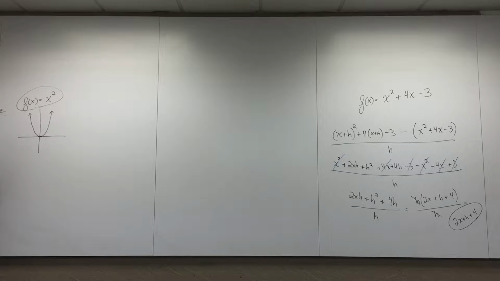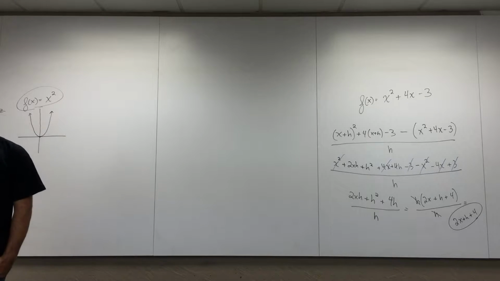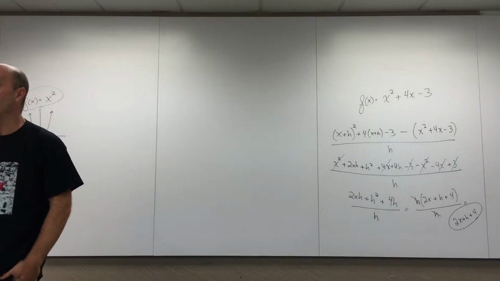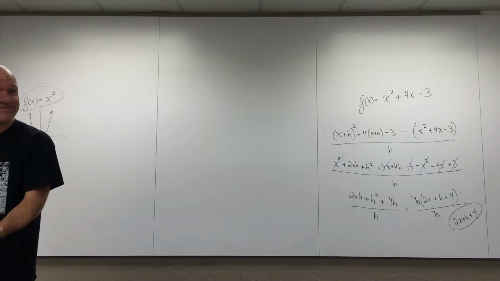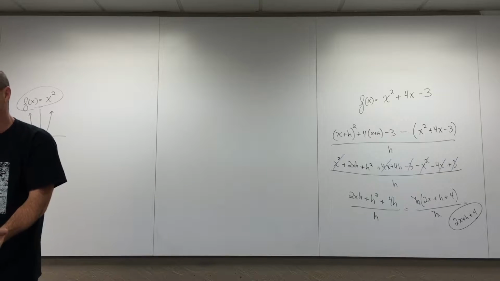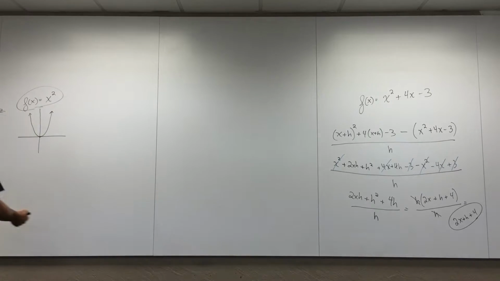And I think I said that the first day. If you make a little chart and plot a bunch of points, that's how it happens. I skipped all that because I don't want to take the time to do that. But it's good for you to know at any point.